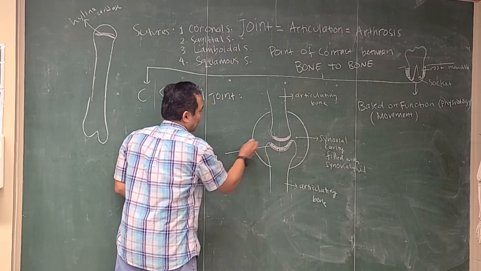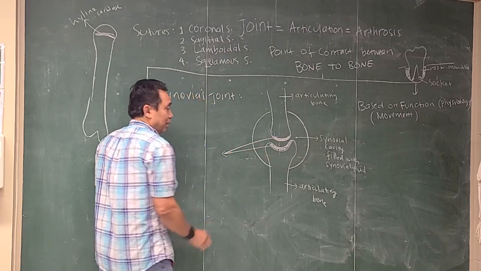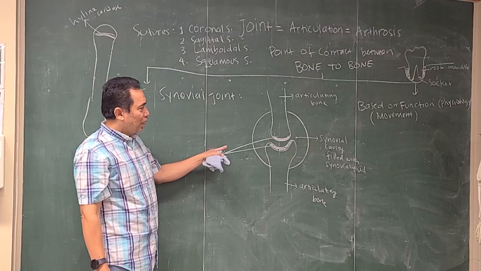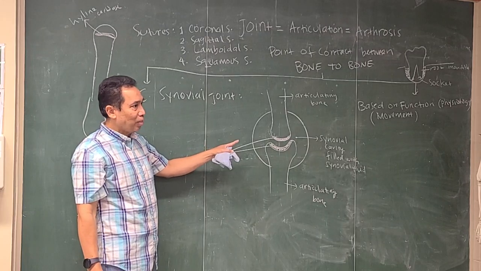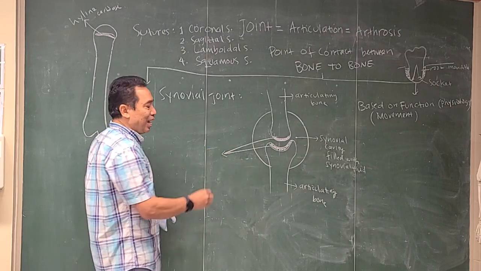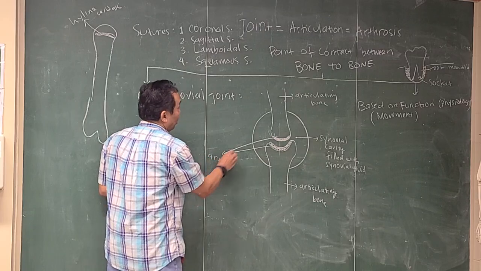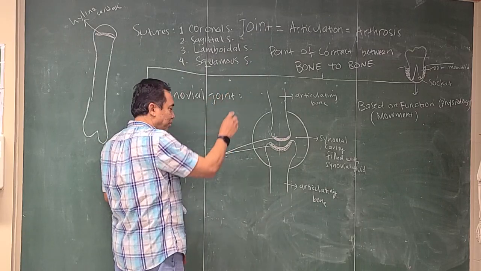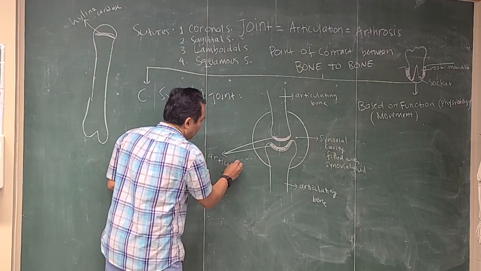So this structure, the cartilage that's located on the top of the bone, is called the articular cartilage. Everything will be related to articulation for that, right?